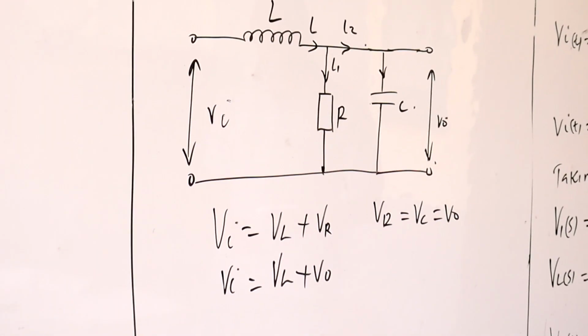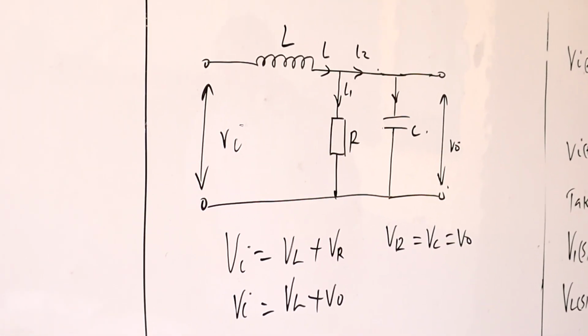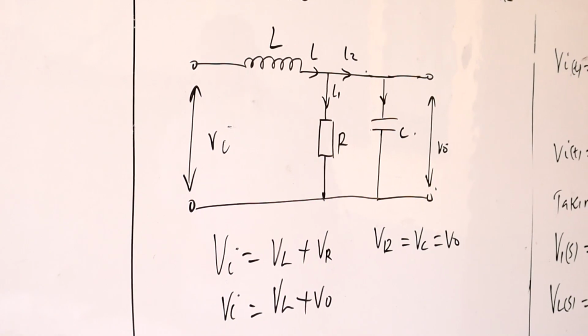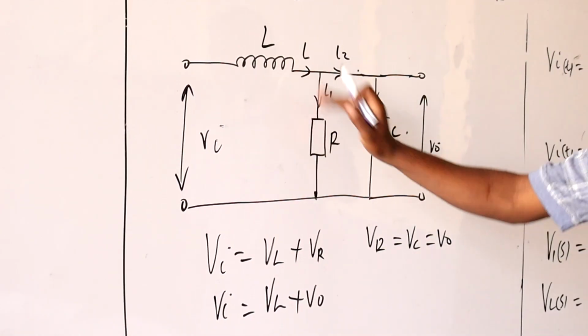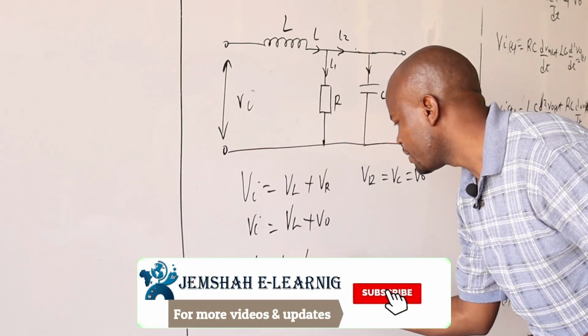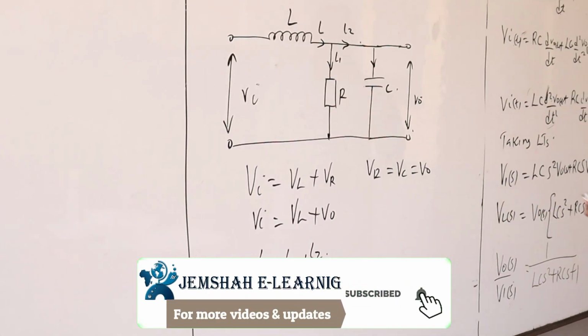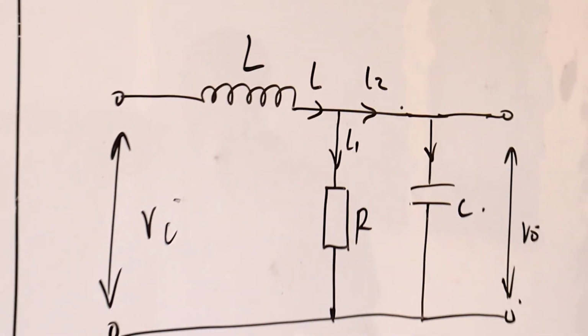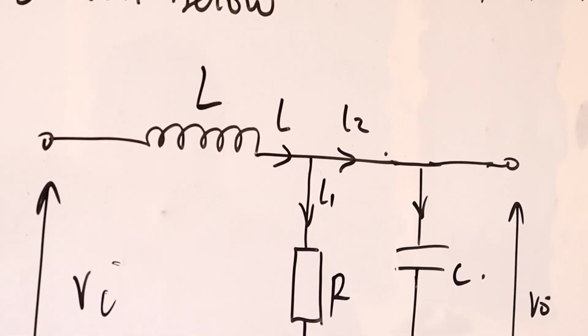What is going to be different here is the current. I is common to this, and I equals I1 plus I2. We can now define both I1 and I2.